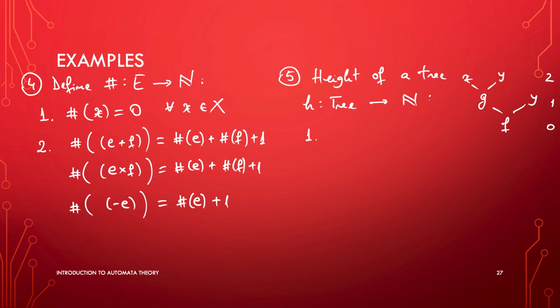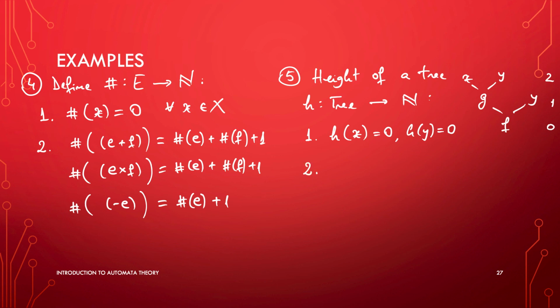If you have variables x and y, then the height of x is going to be 0, and the height of y is 0. Remember that in our definition we only used two variables x and y. If you have more variables in your definition of trees, you would have to have more cases here in condition 1.